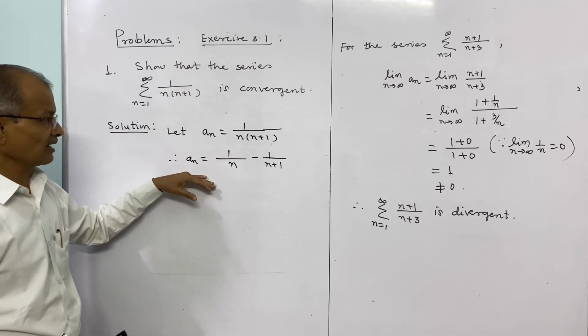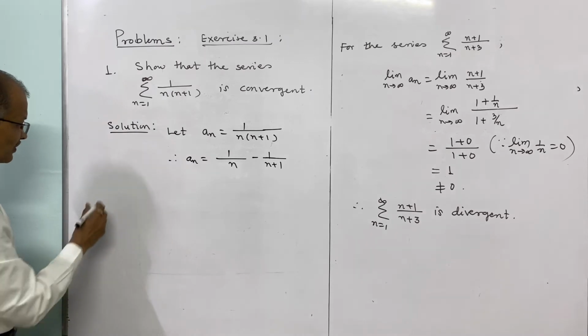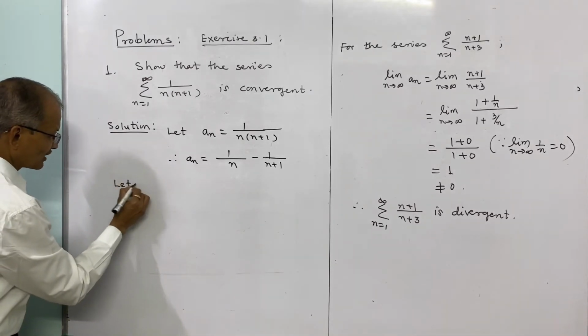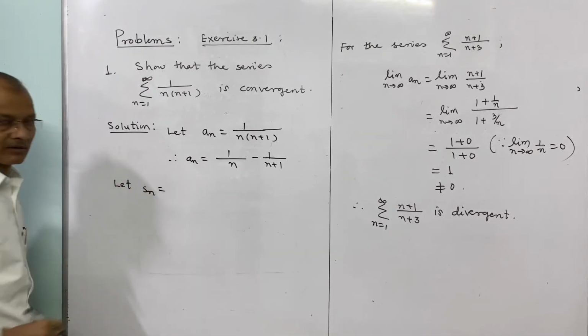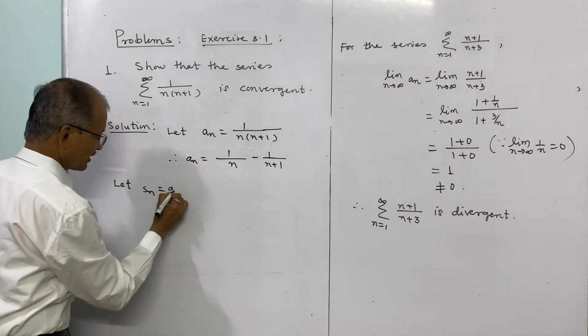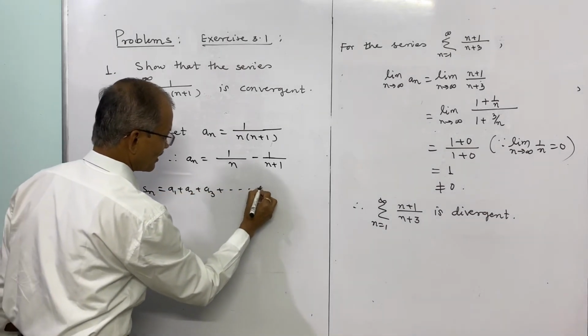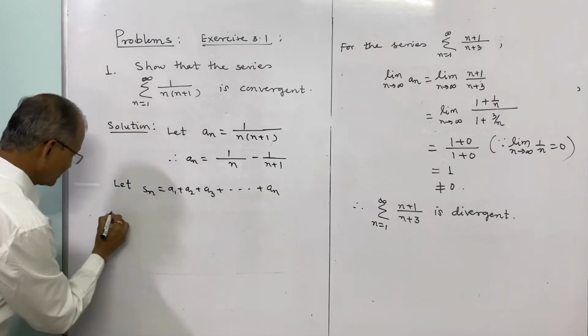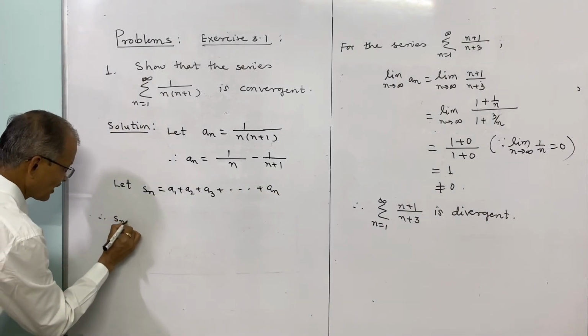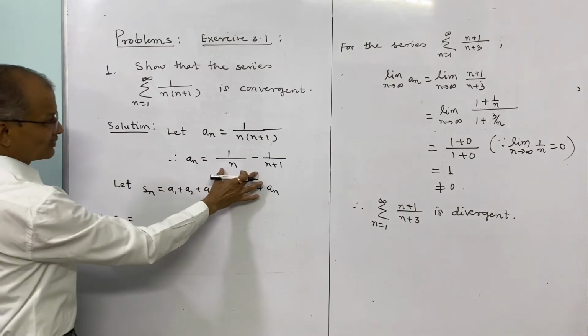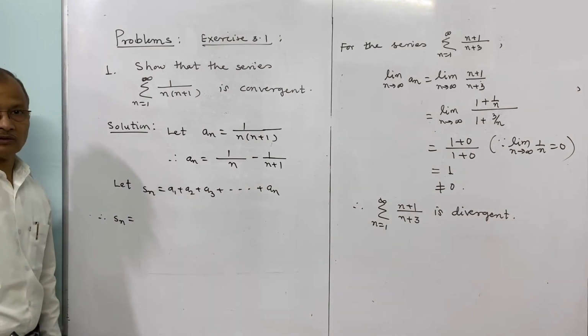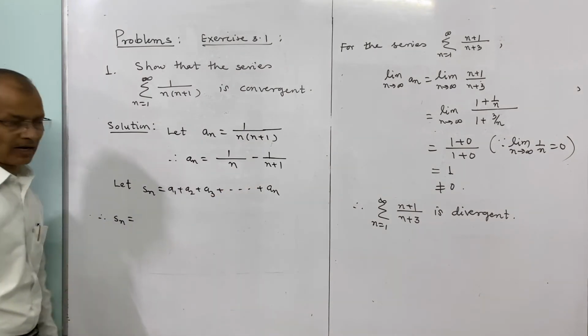So this is an, and let Sn be the partial sum of the first n terms, that is a1 plus a2 plus a3 up to an. What is a1? We will use this expression, which is helpful for addition of the terms.